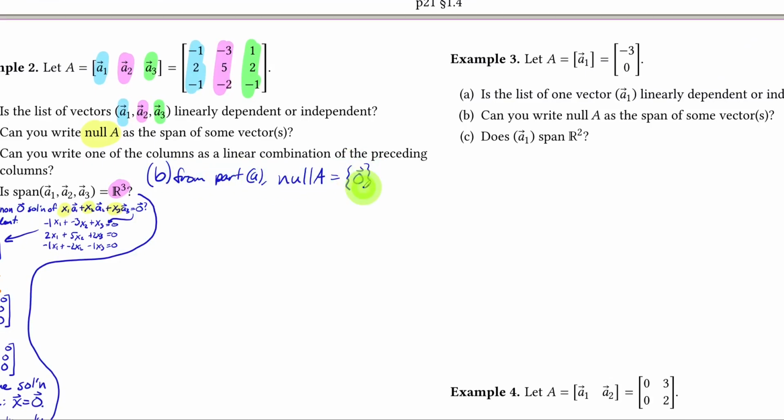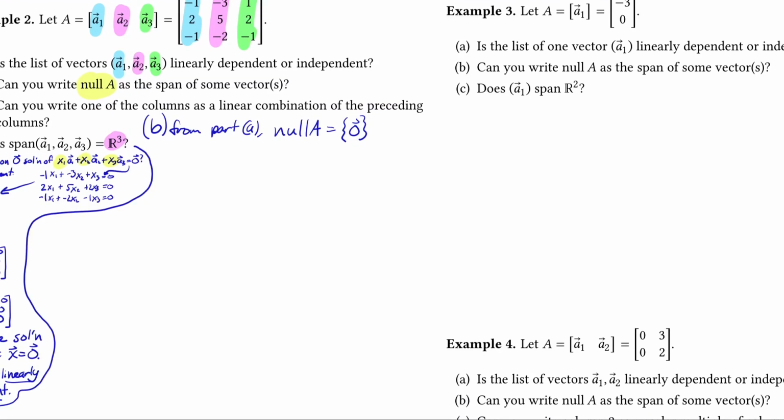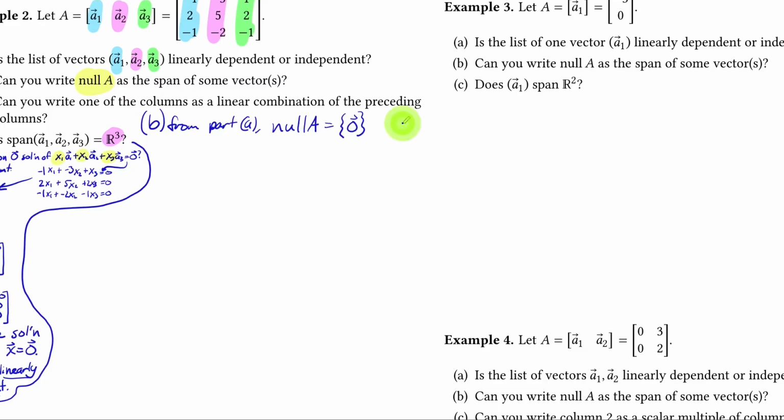So we can write that solution set as just the set of one vector. That's what this notation means. And we want to know, can we write that as the span of some vectors? Well, I guess it would just be this one point right here. That one point is the null space of A, just the 0 vector.